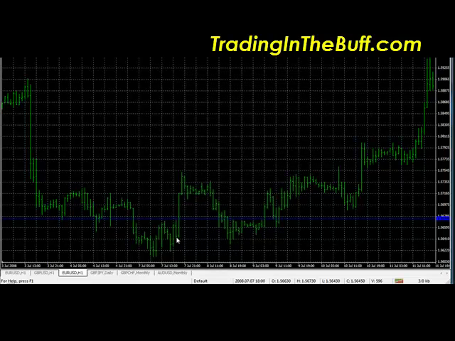Our imaginary stop loss is 156.42. Even though we wouldn't close it for a loss unless we had a significant close below the low of bar number 1. But to use this as an equal risk-to-reward ratio, we just take the difference between your entry, which is 156.79, and subtract the imaginary stop loss, which is 156.42.